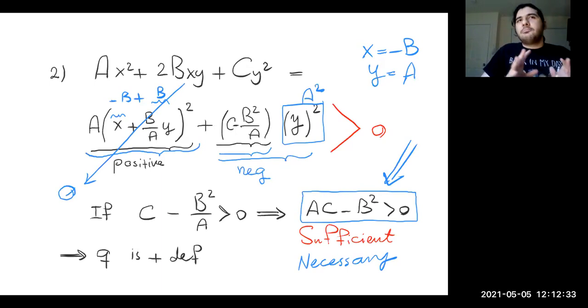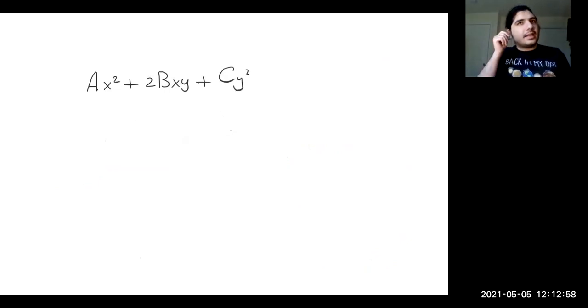I would repeat your proof, which was very nice, in a slightly different way. I would just rewrite that, okay? So when we have a quadratic form like this, ax squared plus 2bxy plus cy squared, there is a slightly different way of writing this too. You can write this in this new way.